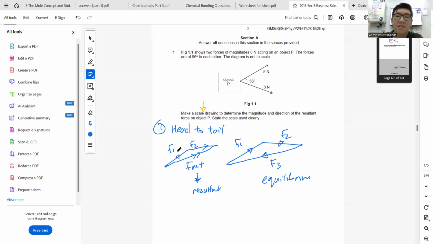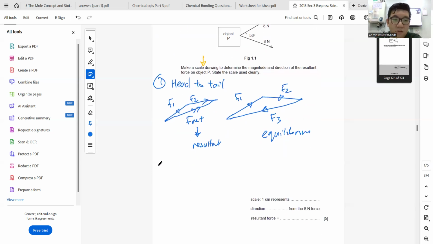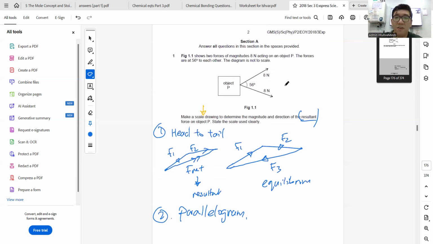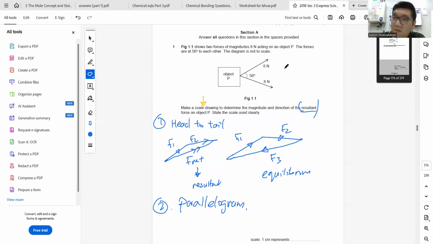Okay, so that's number one. We're not going to go through that today. We're going to be using number two, parallelogram method. All right. Now, why do we use parallelogram method? Because of this. The key is resultant force. It's easier to use that. And if you see two forces here like this, it's very easy to visualize the parallelogram method.